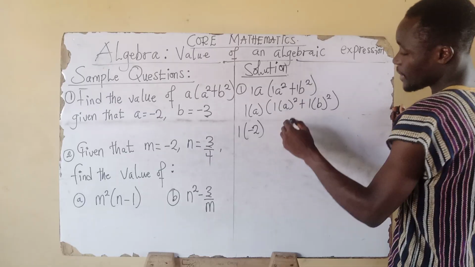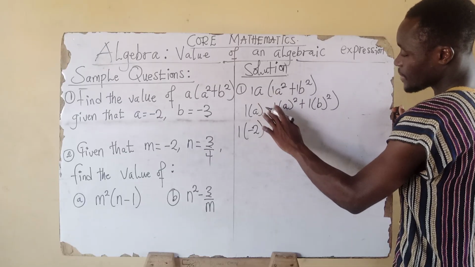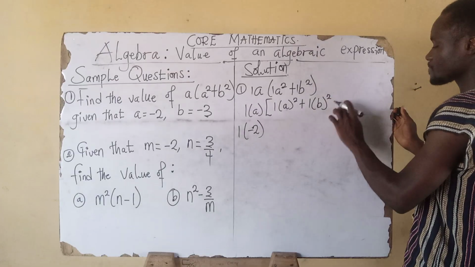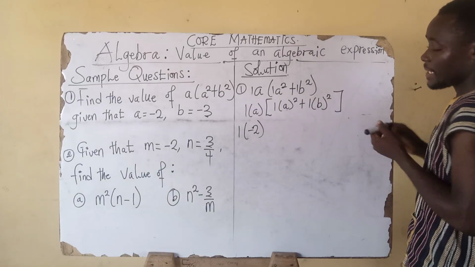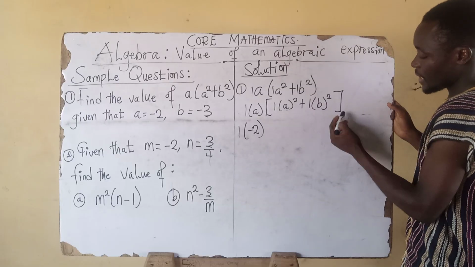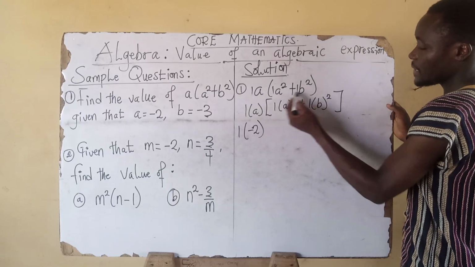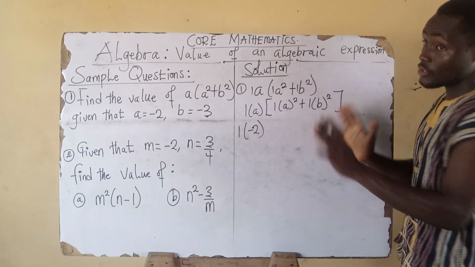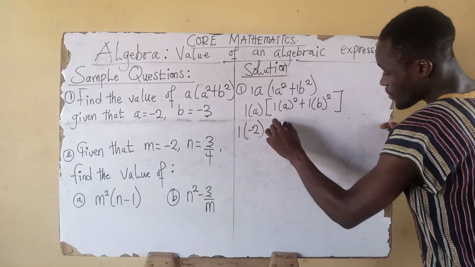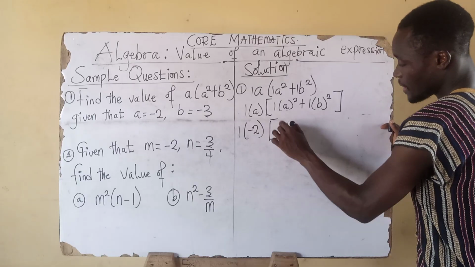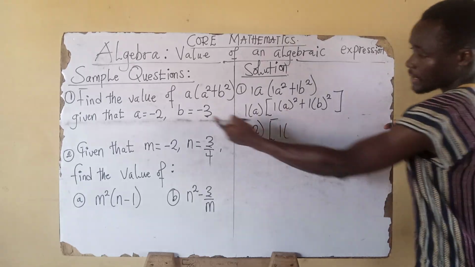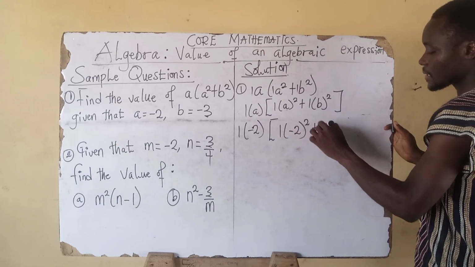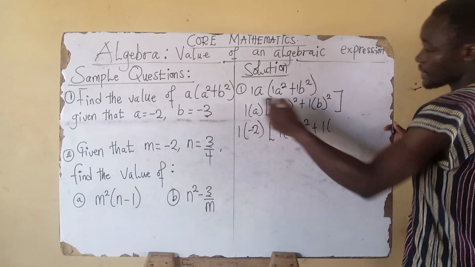Now let me open my big bracket. Let me draw this big bracket so that you will know the difference. I am using this bracket for these ones, and this big bracket is for this one so that you will not get confused. Right, so I'll open my big bracket. I have 1 in a bracket, a is negative 2, all power 2, plus 1 in a bracket, b is negative 3.